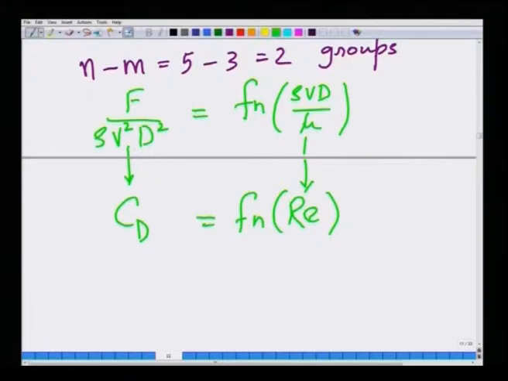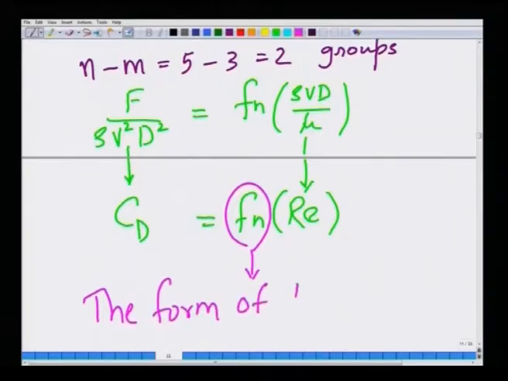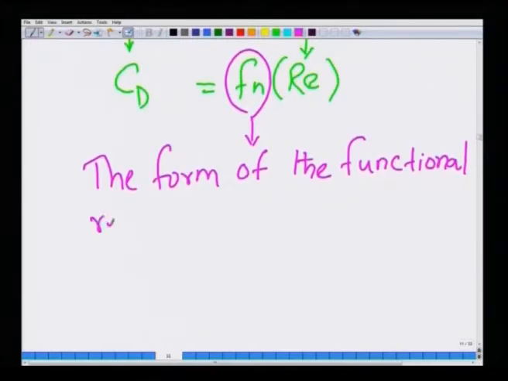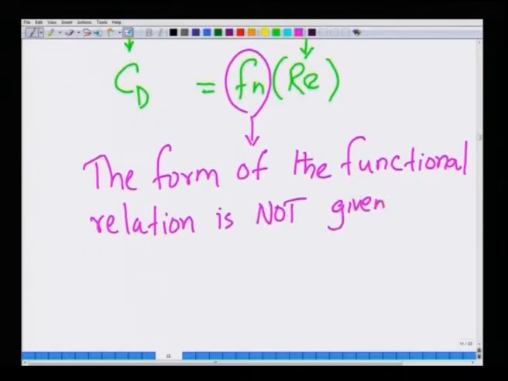Now, what is important for us to understand is that the form of the functional relation is not specified, is not given by dimensional analysis.